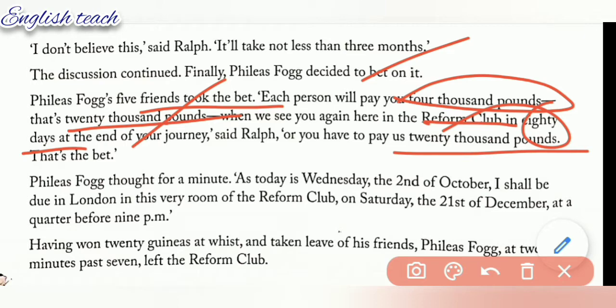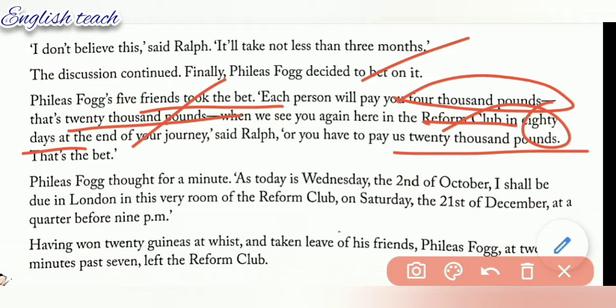This is the main bet. Within 80 days, if Fogg fails to go around the world, he has to pay 20,000 pounds to the friends. If he wins, the 4 friends have to pay 20,000 pounds to Fogg.